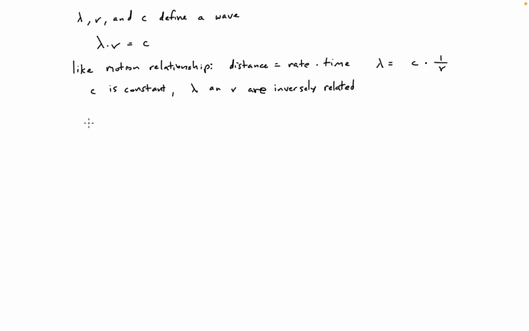Okay, so visible light is a wavelength between around 400 and 700 nanometers.